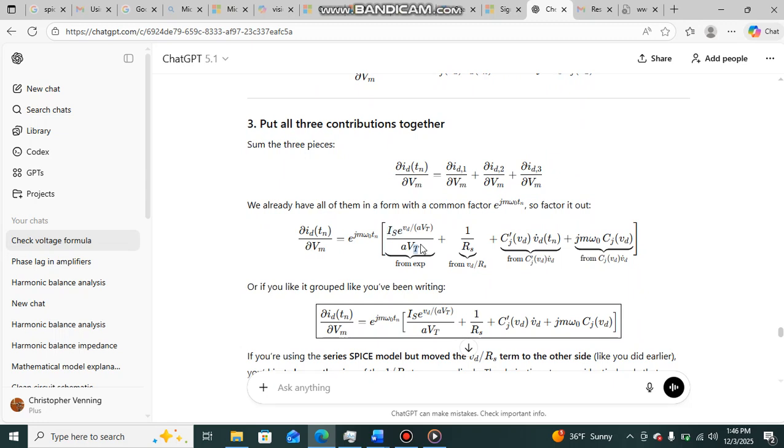So you get this whole value here with this e to the jm omega not tn. Later on I'll try to understand the derivation of the Jacobian, but for now I'm going to let ChatGPT figure it out for me.